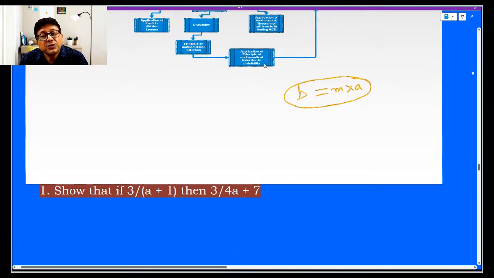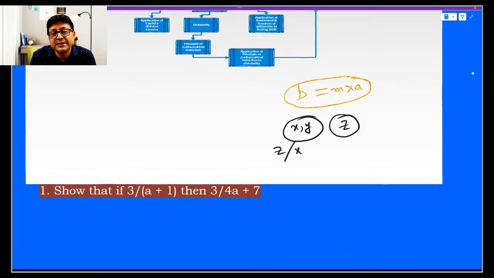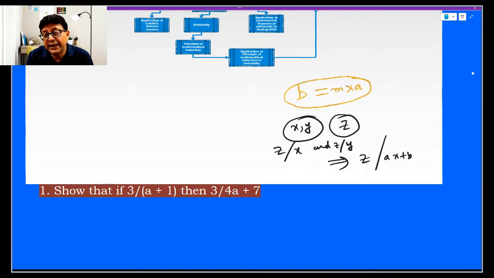And I have also mentioned that if two integers x and y are divisible by another number z, then we write mathematically this form: z divides x and z divides y. This implies z divides a linear combination of x and y, that is ax plus by.